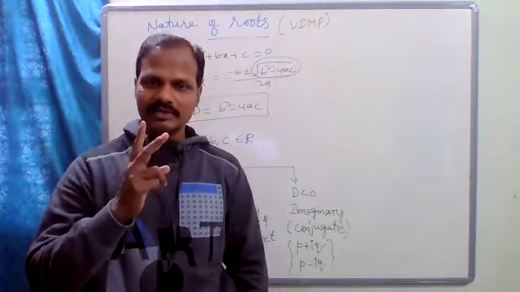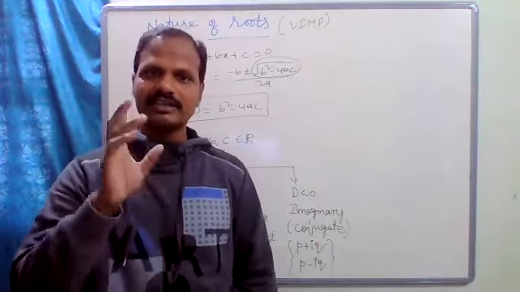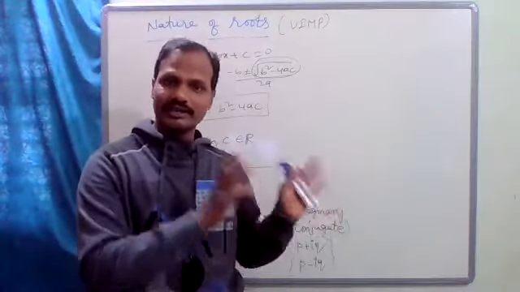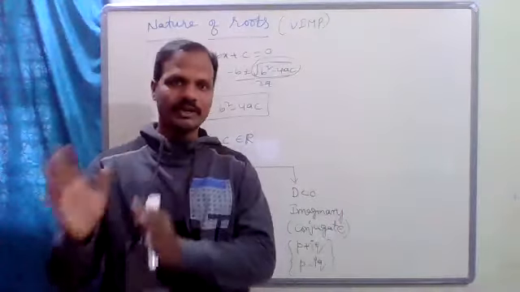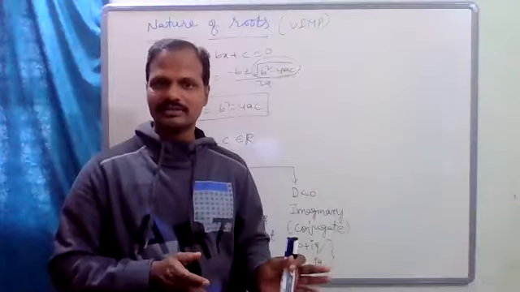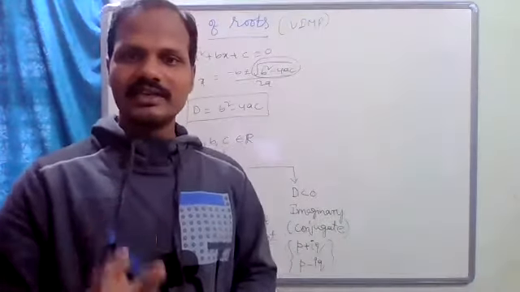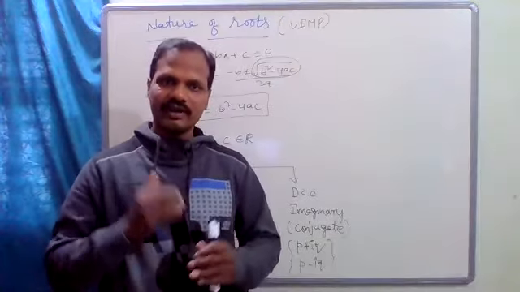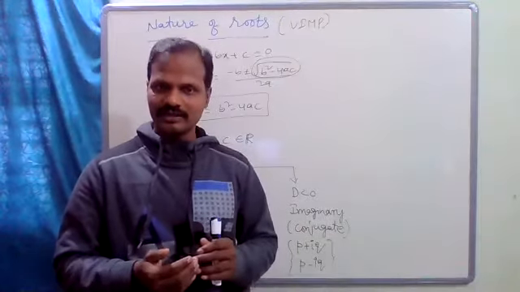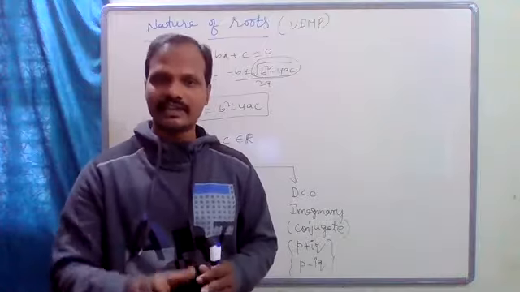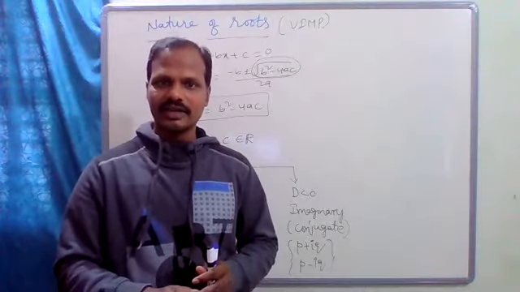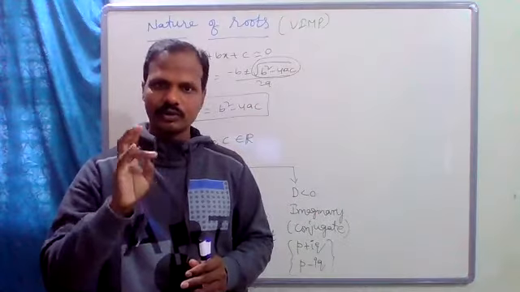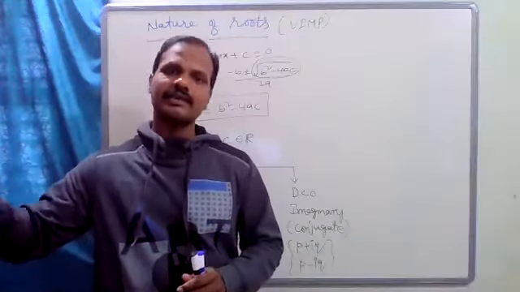That means imaginary roots always occur an even number of times. All these things you will learn in complex numbers, which is a separate topic. So whenever complex roots are there, they always occur an even number of times, like 0, 2, 4, 6, 8.